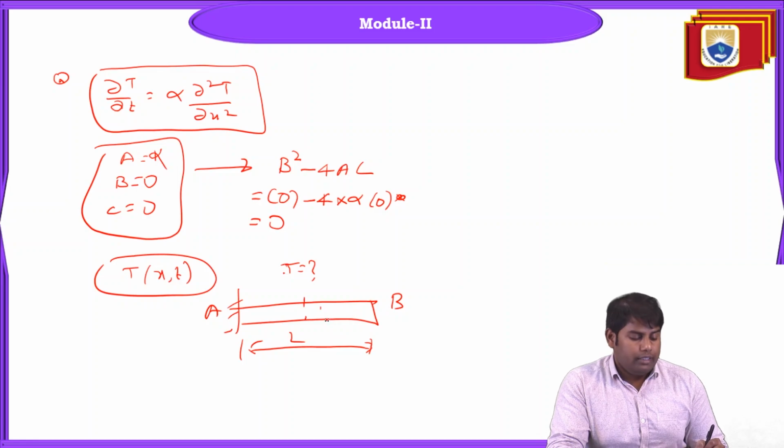Based on the conditions, temperature at A and temperature at B, the heat flow will happen, and we can see how the temperature varies with respect to x and t. That's why the initial values at this point and with respect to time are required for this kind of problem. So this comes under parabolic.